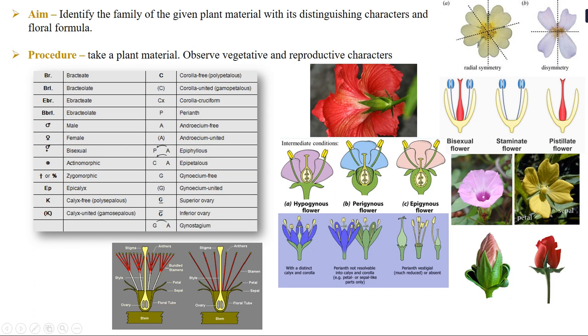So over here, you just write a letter K. And if the calyx is united, like in this flower, all the calyx are united, so it is a gamosepalous condition. So what do you write? A K with a bracket. The bracket denotes that the calyx are fused or they are united to each other.